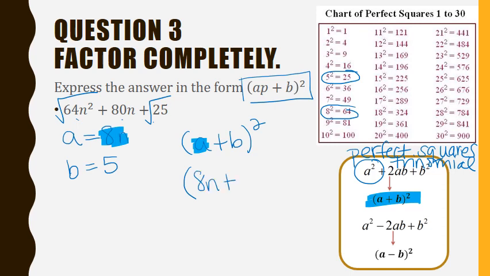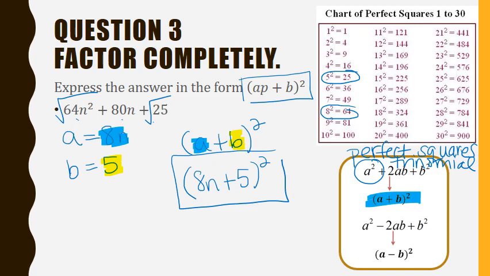And then my b is 5, so I'm going to substitute that in. All squared. And I've got my answer. We are all set for question number 3.